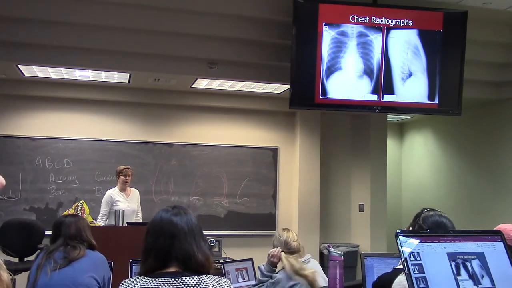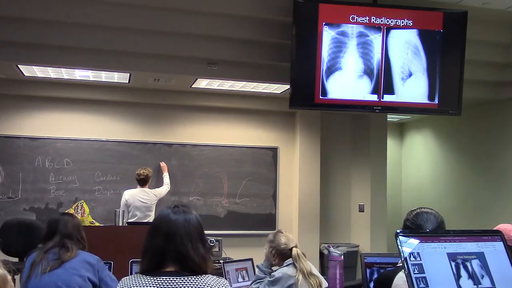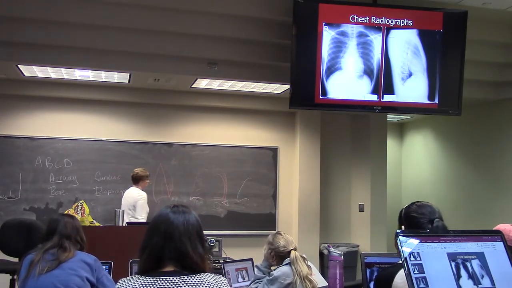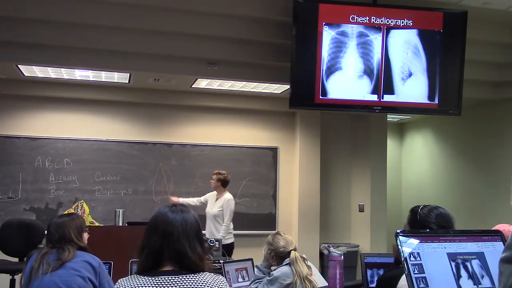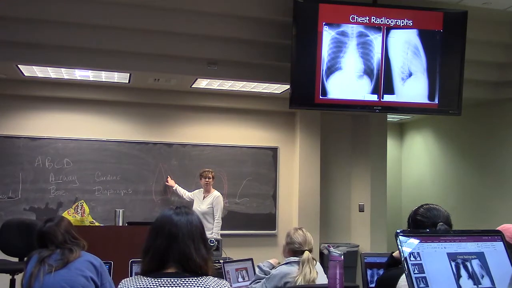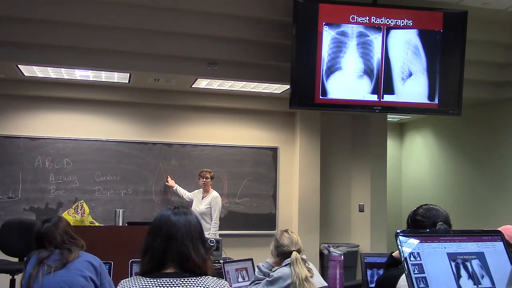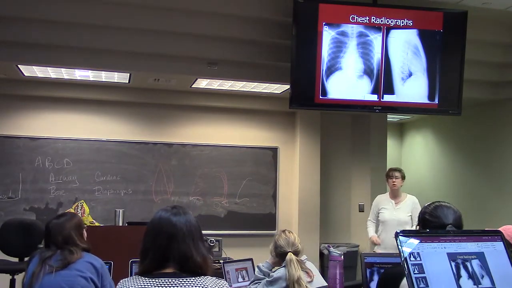If you're looking at your lobes on your right side or left side, this would be what? Upper and lower lobe, if you're looking at it. That's how you would kind of distinguish it on a lateral.